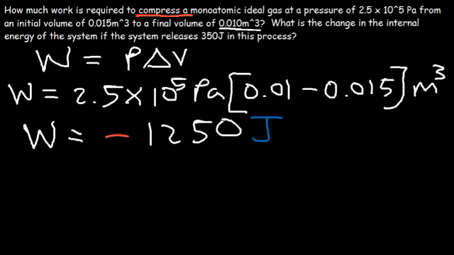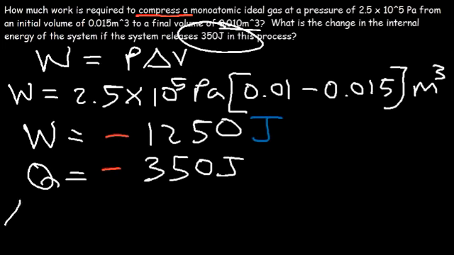So now that we have the work done on the gas, what is the change in the internal energy of the system? Now we have the heat, and heat is being released by the system. So Q is negative 350.